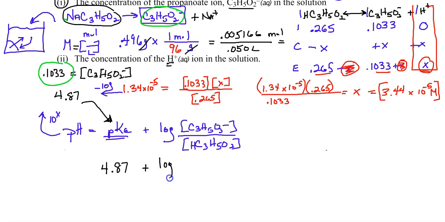What's nice about this, I can circumvent this table. I know the concentration of my conjugate base. What is it? Well, this divided by that is what? Right here. So that's 0.1033. And I know the concentration of my acid is 0.265.